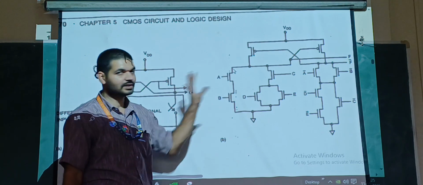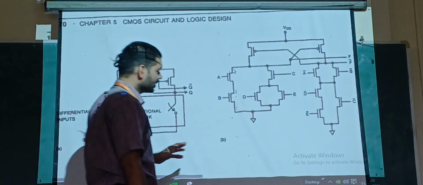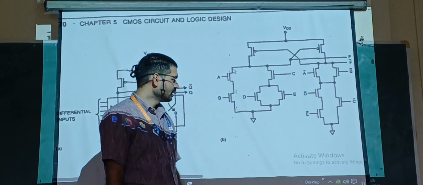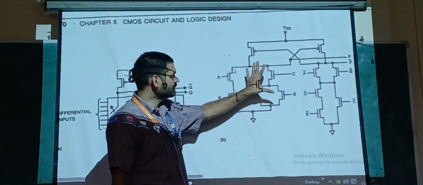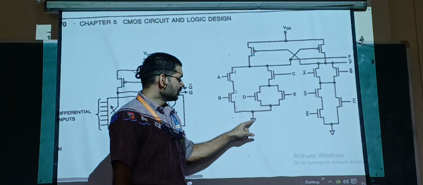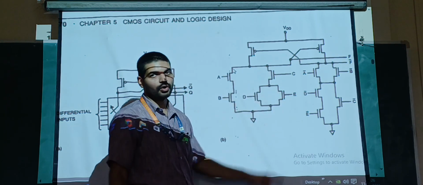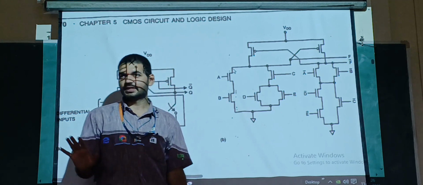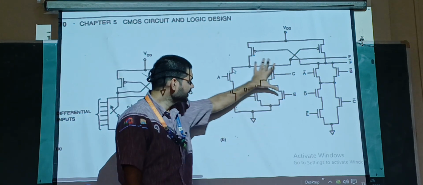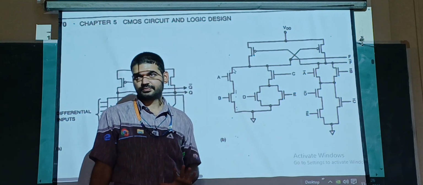Okay. How does this circuit work? To understand that, let us imagine that all the MOSFETs here are on. Just assume that all the MOSFETs here, on the left-hand side, are on.